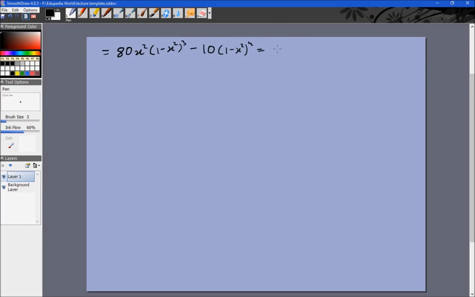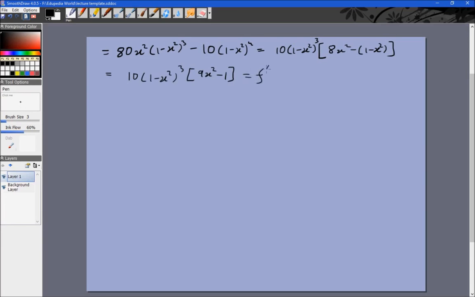Which you can simplify a little bit further. 10 times (1 minus x squared) whole cube times (8x squared minus 1 minus x squared), which is 10 into (1 minus x squared) whole cube into (9x squared minus 1).